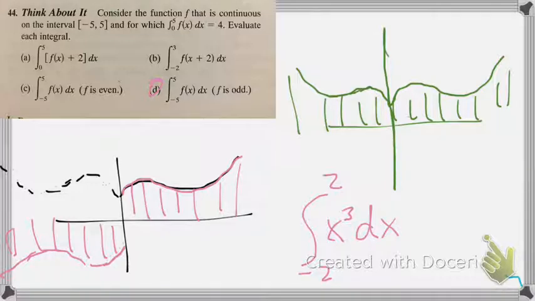I don't have to go to x to the 4th over 4 and then plug in my bounds. If this were a problem that I was asked to solve, I'm instantly looking at it and saying 0 because I'm making that connection that x cubed is odd. Yeah, because it's really that double reflection over the y-axis.